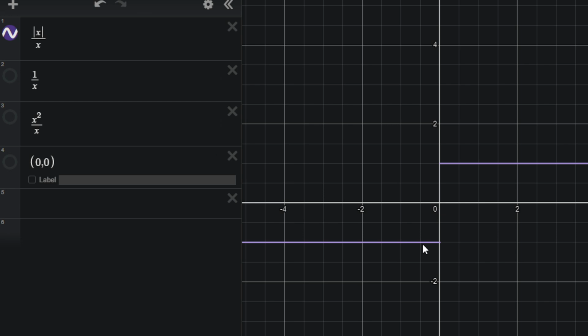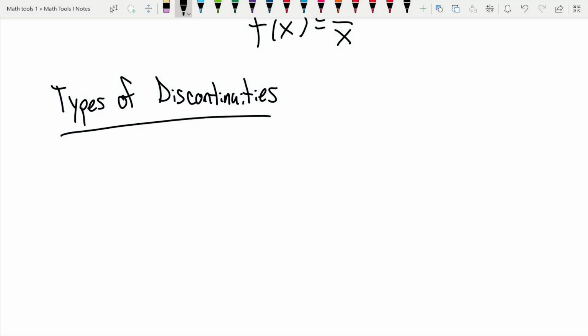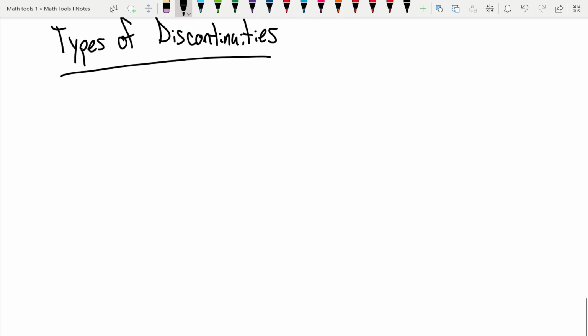So to the right of it, it's going down the line 1, and to the left of it, it's going down the line -1. So there's more of a problem than just that one little point. There's also the fact that there's a jump between the points. So we call this a jump discontinuity. Okay. So let's go ahead and define all of these and look at how we can tell which is which without necessarily having the graph.